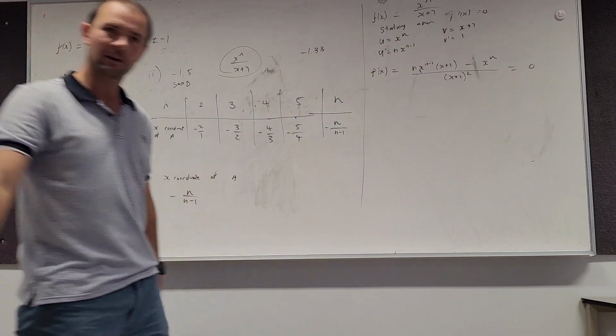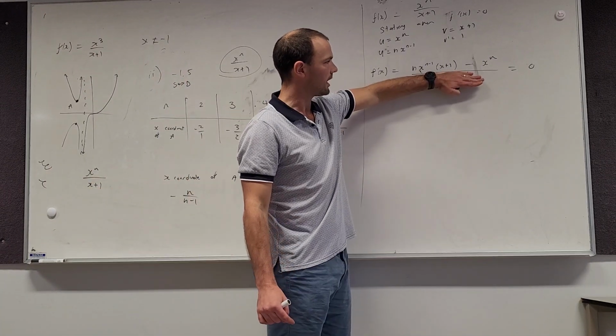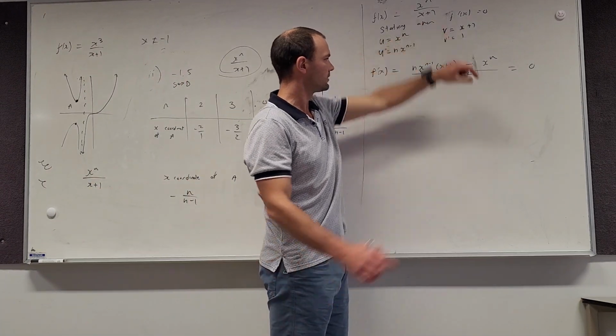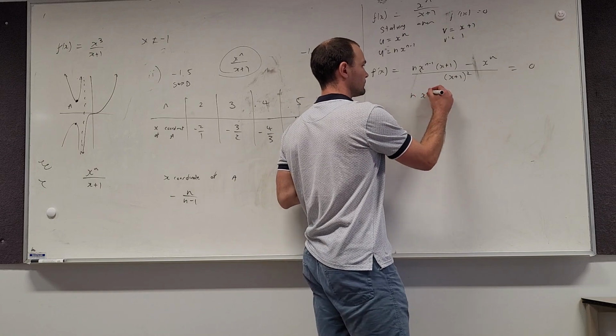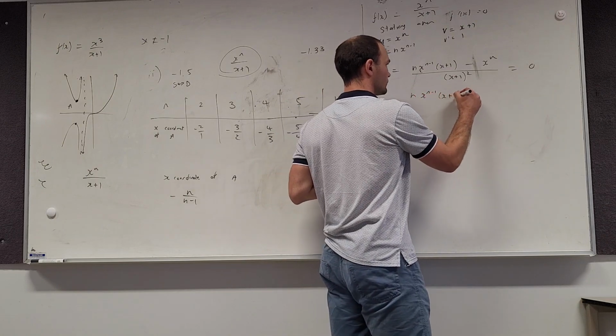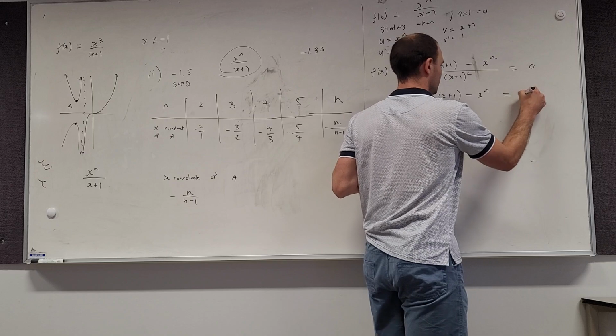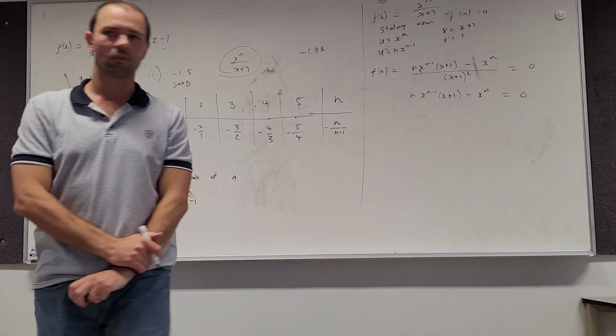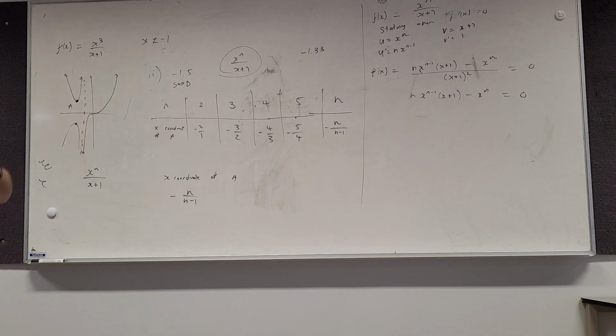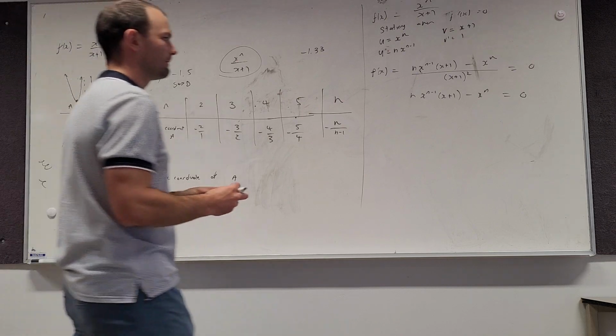Because it's a rational function, we can just completely disregard the denominator and we're only interested in the numerator. So then looking along there, if we're going to solve something like this, we want to factorize.